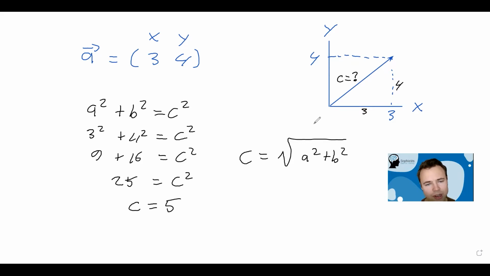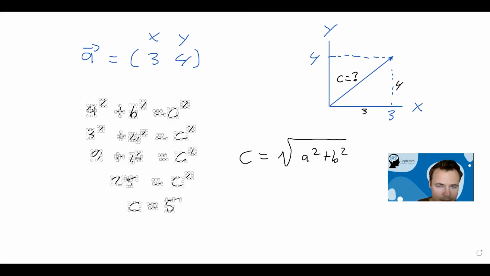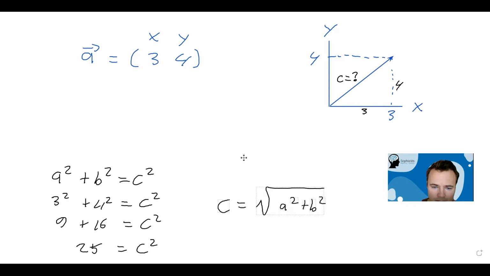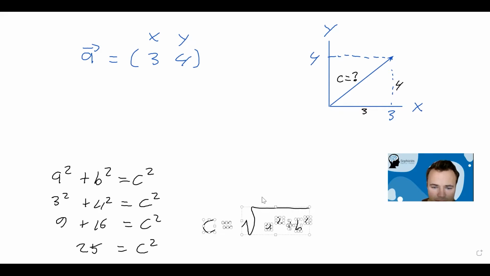But of course, you can also have not 2 dimensions in your vector, not 2 numbers in your vector, but maybe you have 3 or 4 of them. And I'm going to show you what then would be the formula of your vector. Okay, so here we go. So you could also have that it will go as follows.